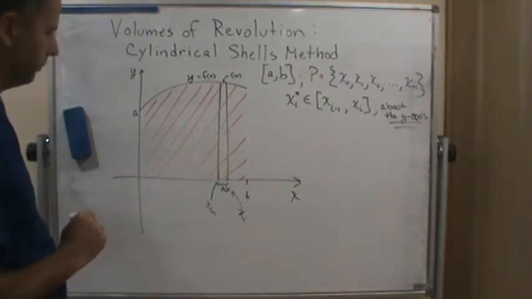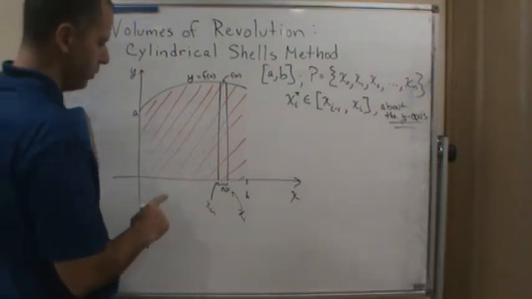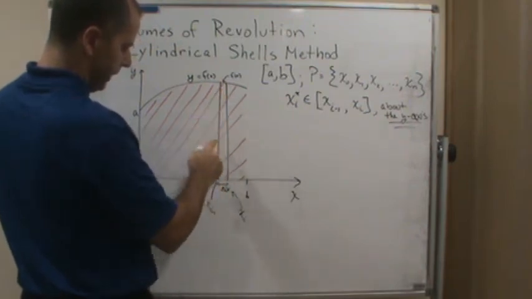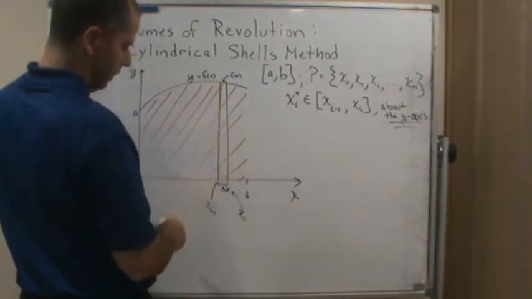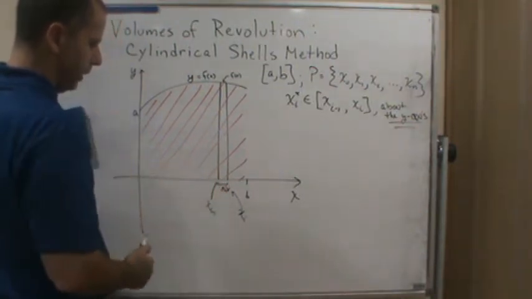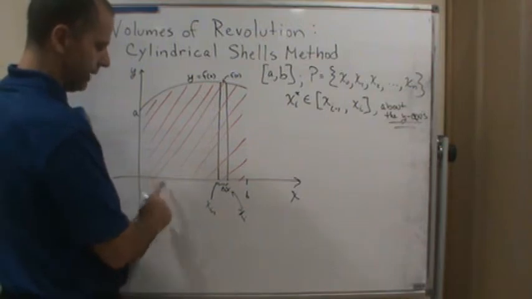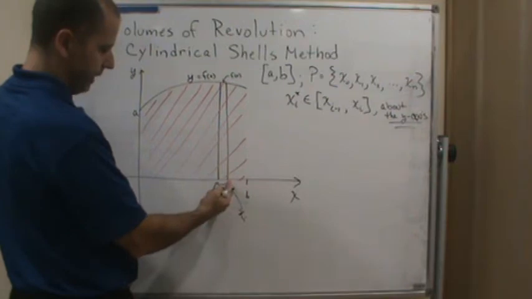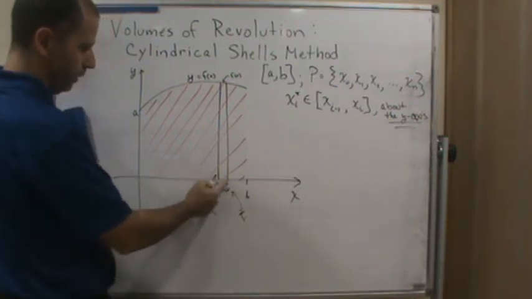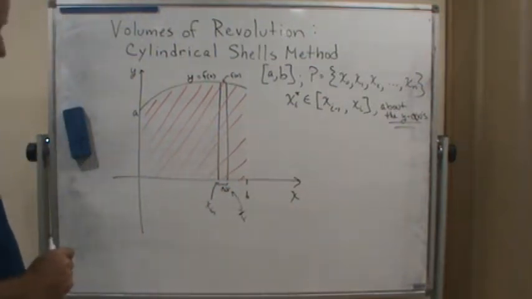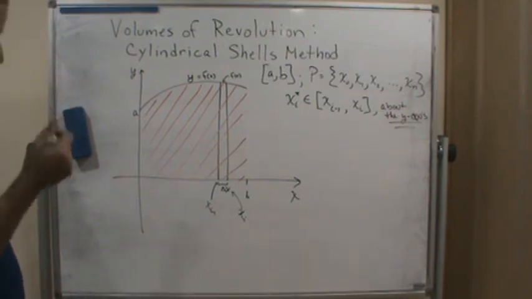Again, I need to find the volume of this rectangle when rotated around the y-axis. I've got to take the cylinder of the outside minus the cylinder of the inside, and that's going to give me my shell.